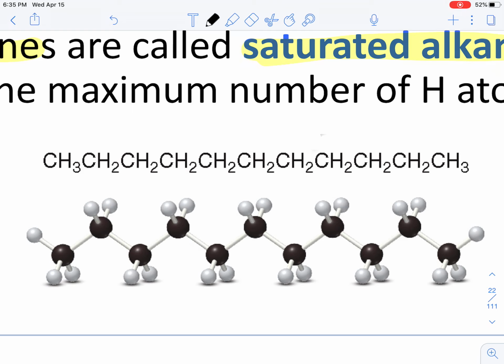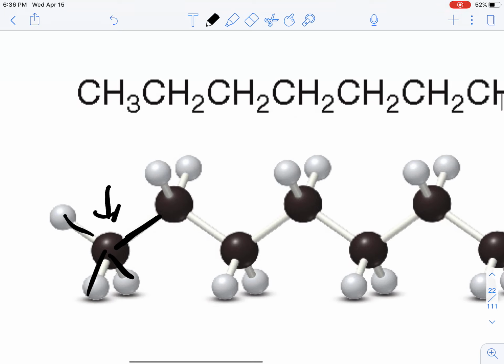I think we agreed that, for the sake of this course, we're going to determine polarity based on the presence of the lone pair on the central atom and the symmetry of the peripheral atoms on that central atom. And so if you look at this carbon right here, notice that everything is carbons and hydrogens. And carbon, that's a nonpolar covalent bond.